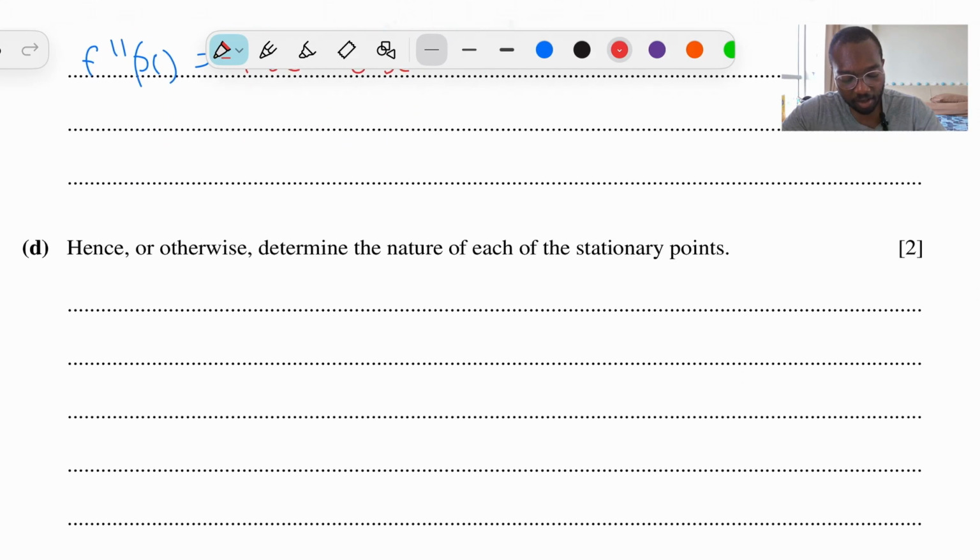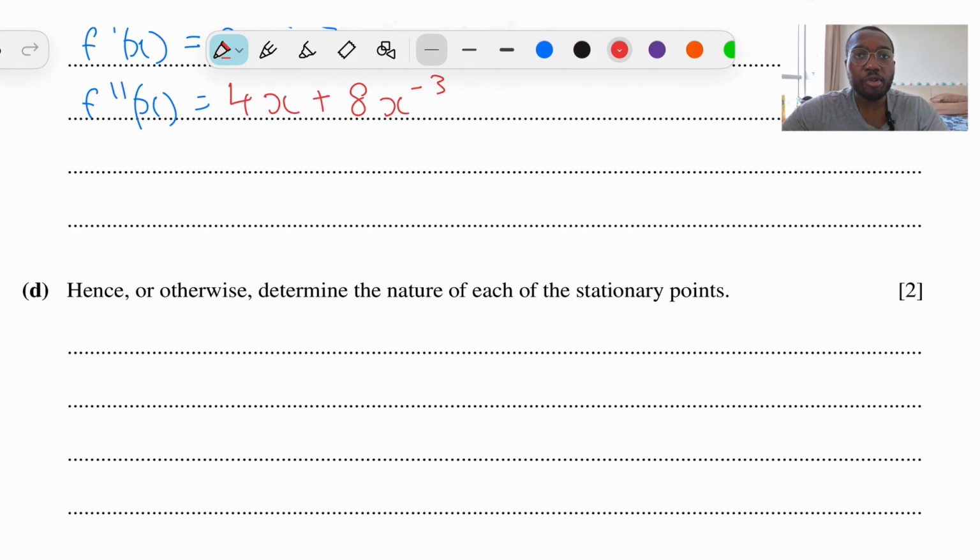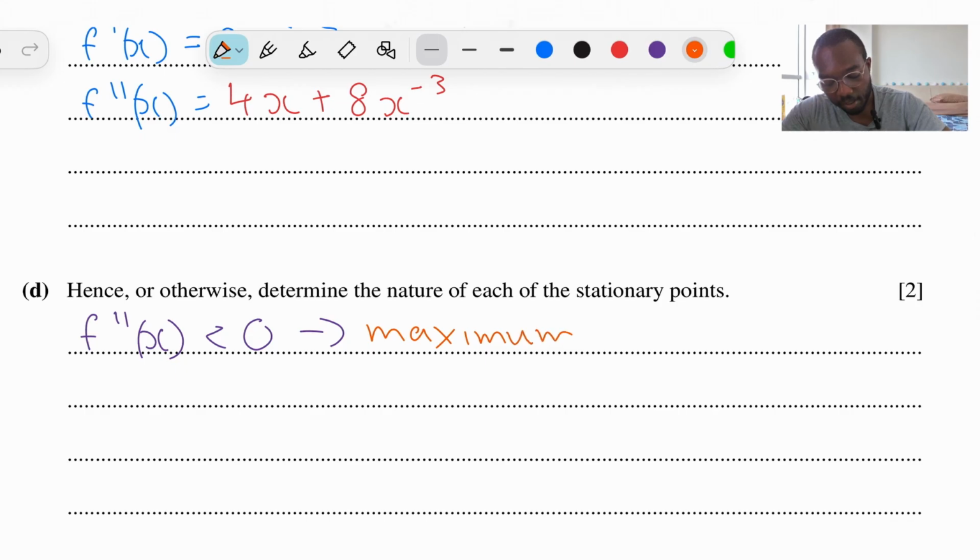And for part D now, we determine the nature of the stationary point. So when they say the nature, they pretty much want us to figure out if that stationary point is going to be a maximum point or a minimum point, okay? And to work that out, well, effectively, if f dash dash x, when we put in the value of the stationary point, is less than 0, it would be considered a maximum point, okay?